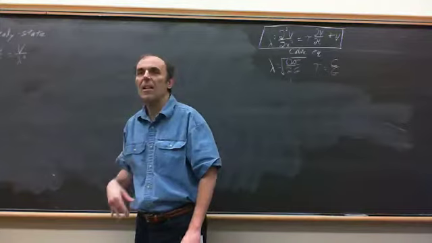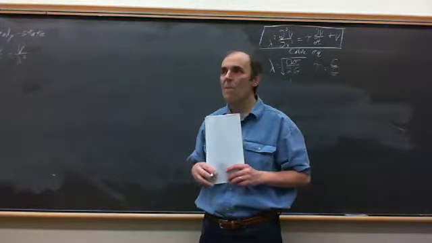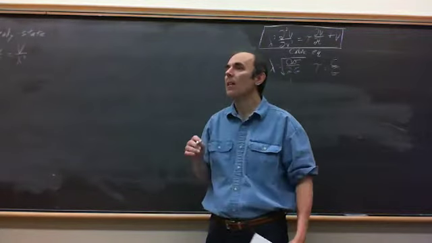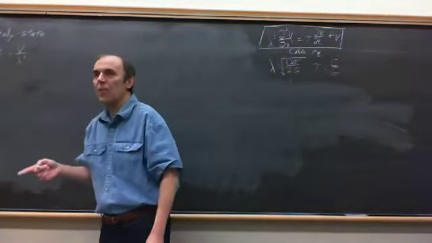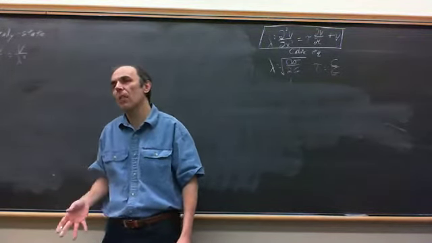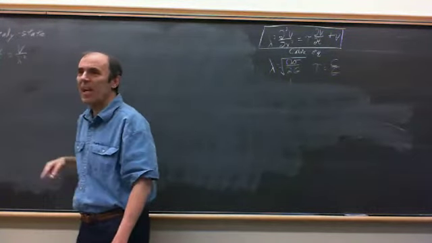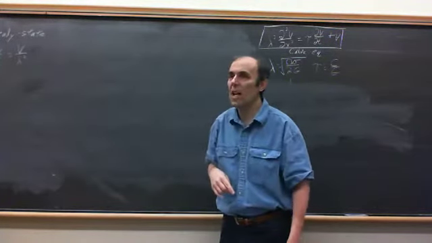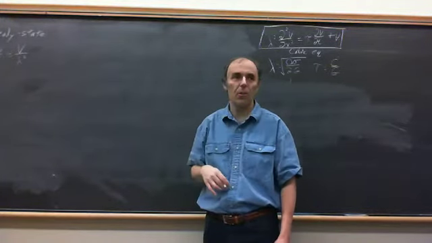What function has its second derivative proportional to V? Sine and cosine is a good guess, and it's almost right. The thing is, if you took a derivative of a sine, you get cosine. If you took a derivative of cosine, you get the minus sine. If there had been a minus sign out here, that would have been exactly the solution. But there's not. So what's left? What other function is proportional to its second derivative?